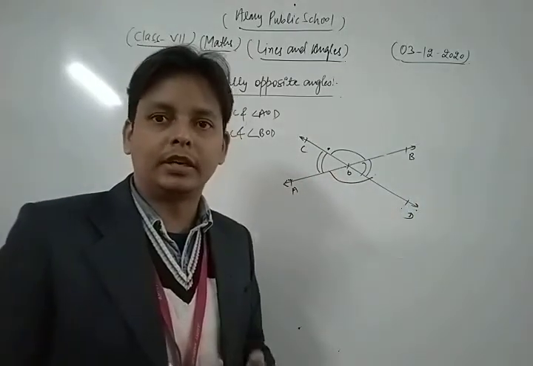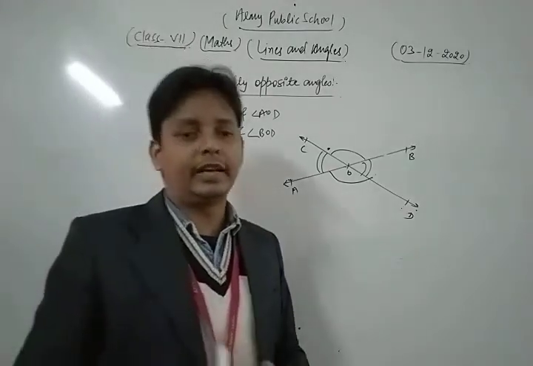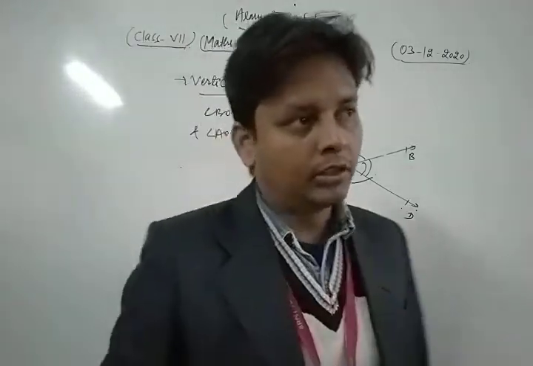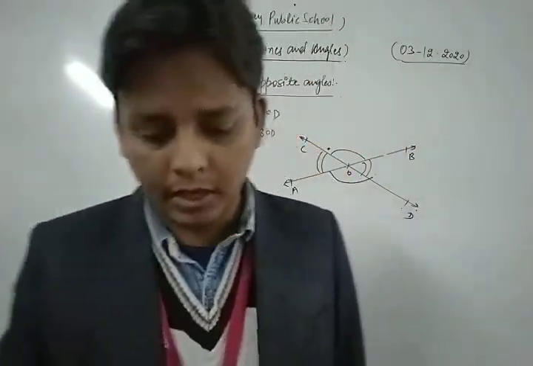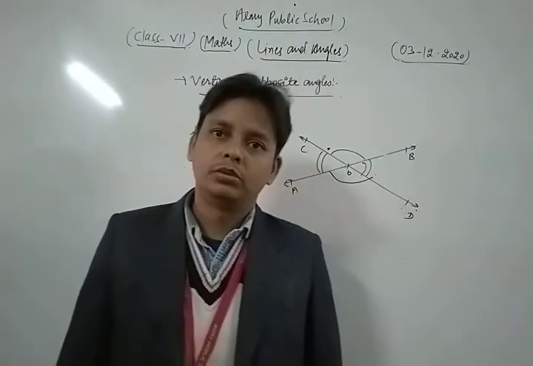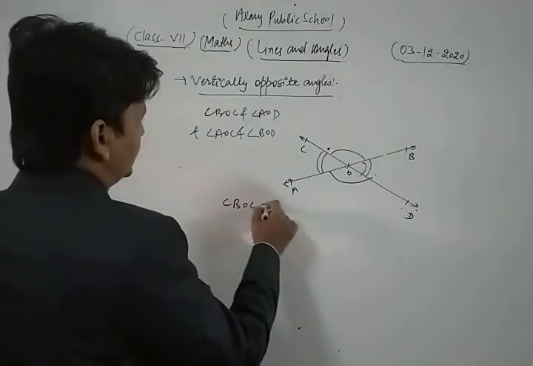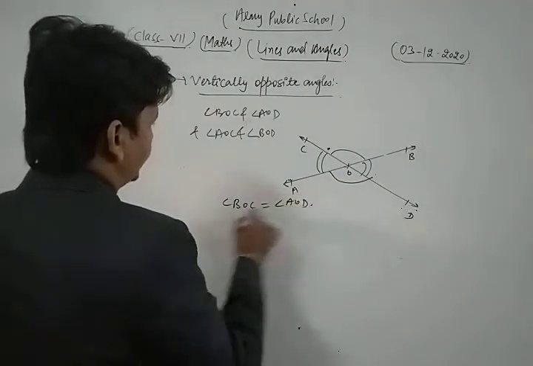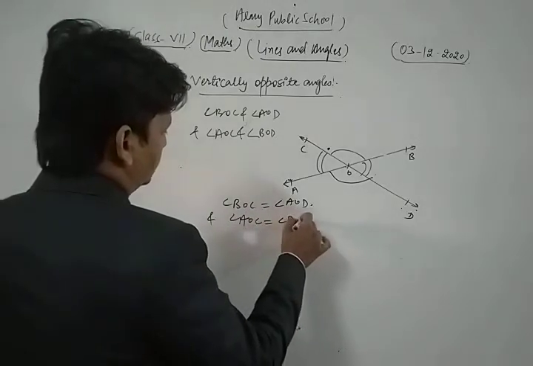So these are the pairs of vertically opposite angles. And one of the most important results related to vertically opposite angles is that the vertically opposite angles are equal to each other. It means, dear friends, angle BOC is equal to angle AOD, as well as angle AOC is equal to angle BOD.